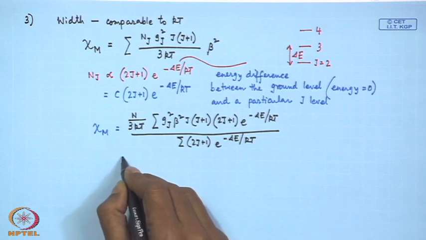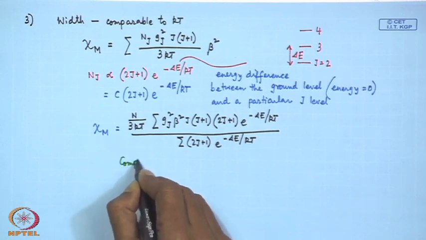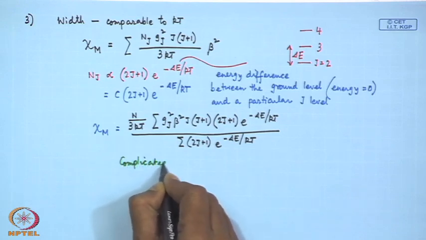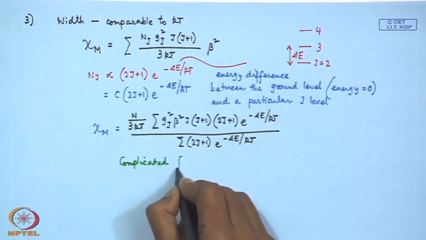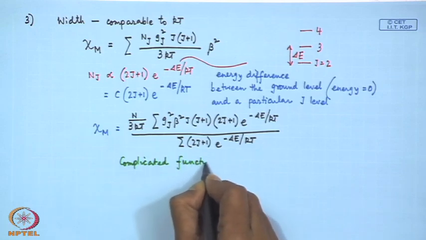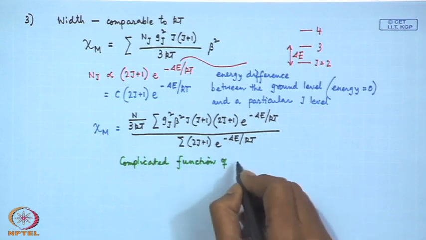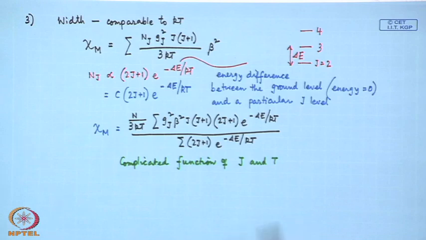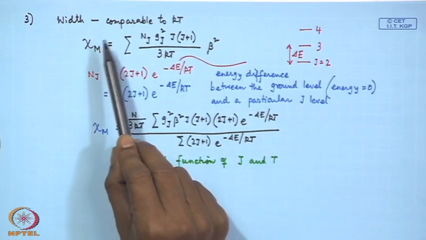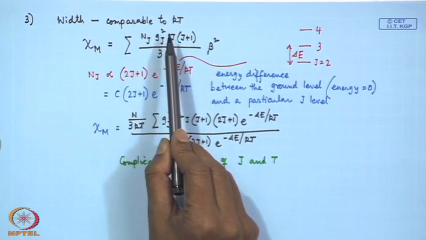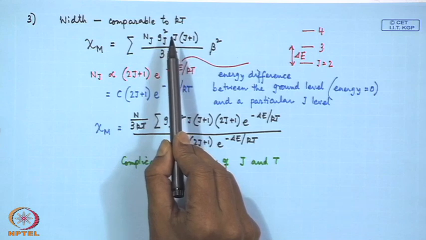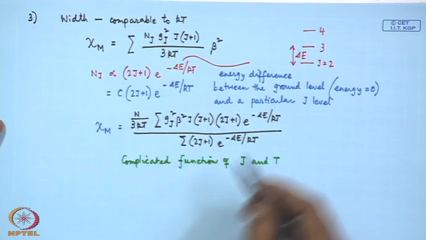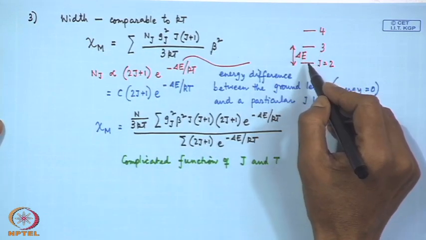So, therefore, it is a complicated function of J and T. That means the most difficult and most complex situation will arise when our multiplet width is only comparable to kT. That means we cannot ignore the terms related to the relative distribution of all these levels.